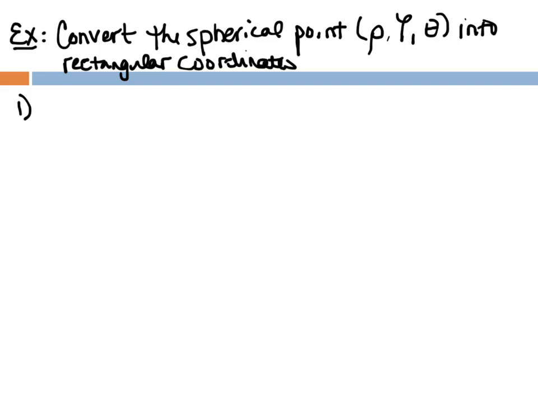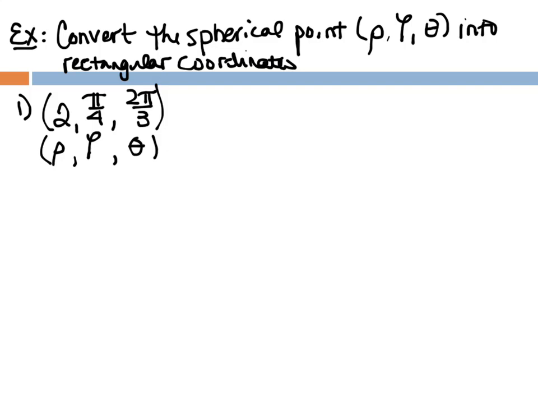And this is just an ordered triple. This is 2, pi over 4, 2 pi over 3. Okay, so this is not XYZ. We're going to find XYZ. This is rho phi theta currently.